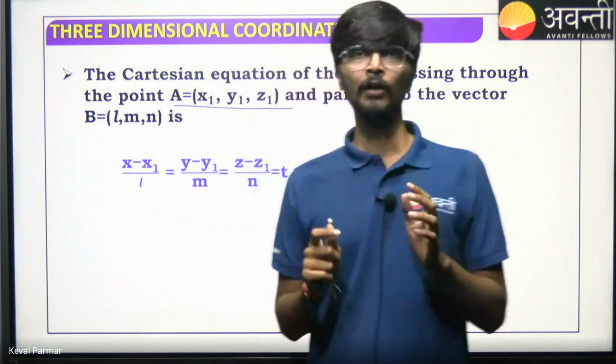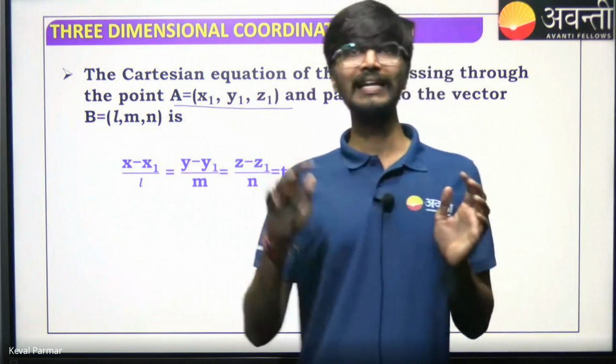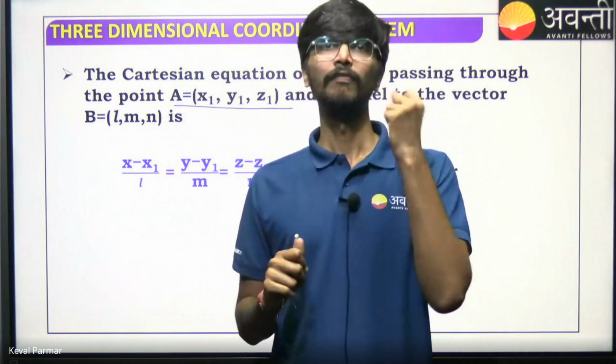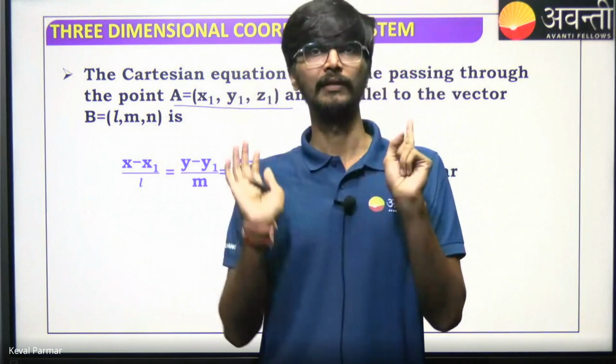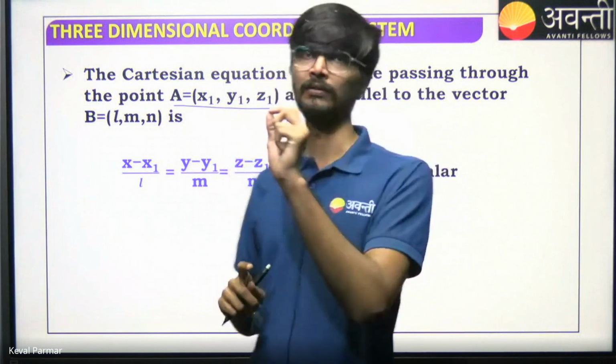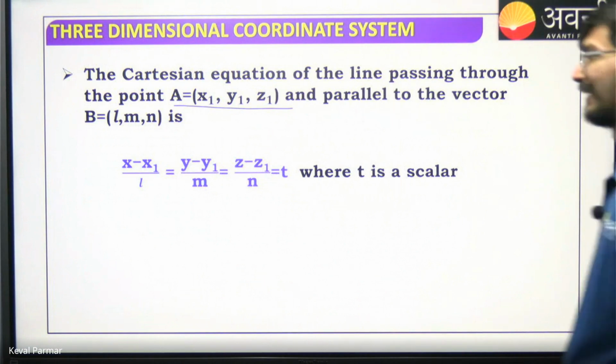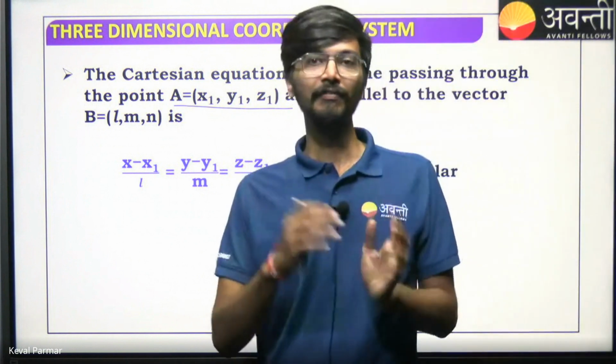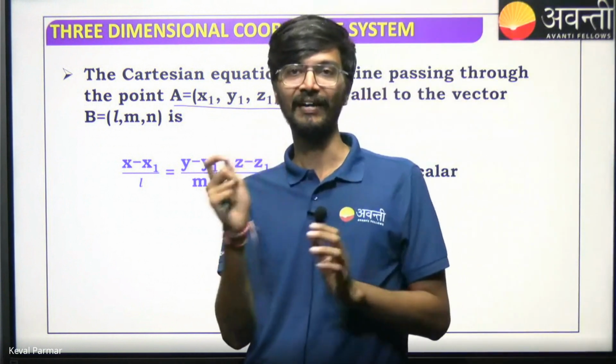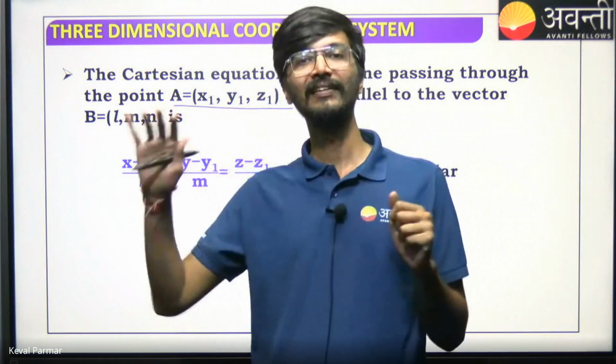Remember one thing, to find the equation of a line, we need two things. First is a point on the line, and second is a vector along the line. Here, as we cannot use the vector in terms of i, j, and k in symmetric form, we use the DRs, that is direction ratios.